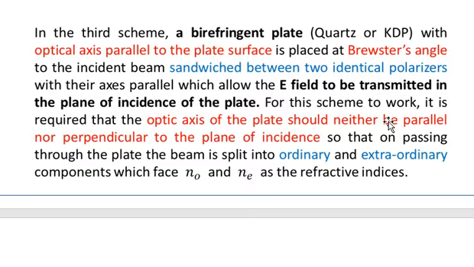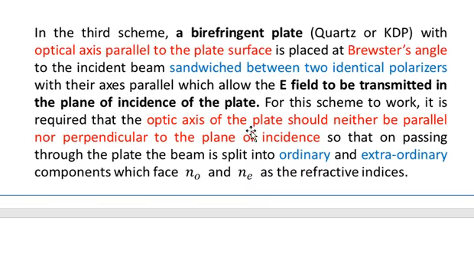For this scheme to work, it is required that the optic axis of the plate should neither be parallel nor perpendicular to the plane of incidence. So you see that this is a very critical condition, and if this condition is not met, the scheme will not work.